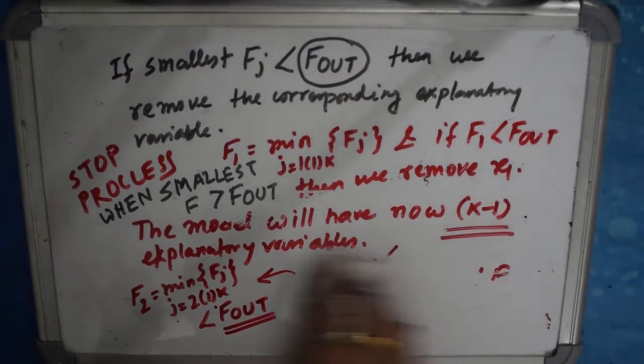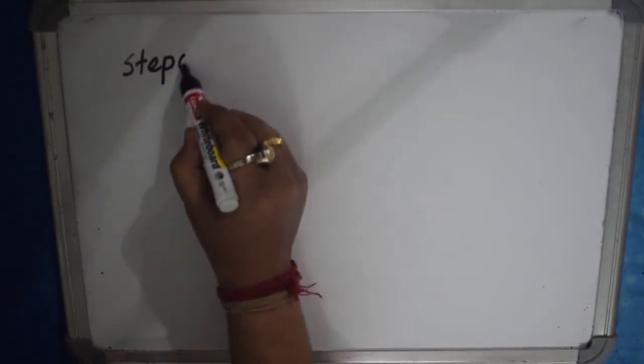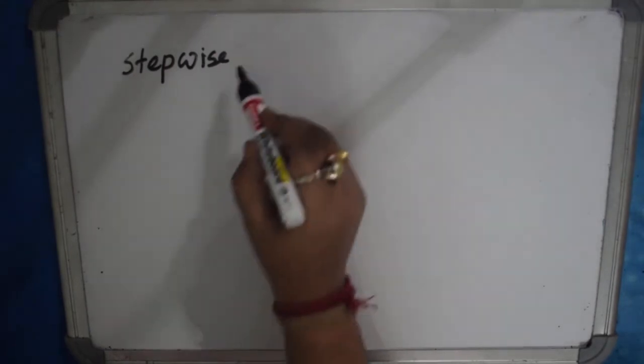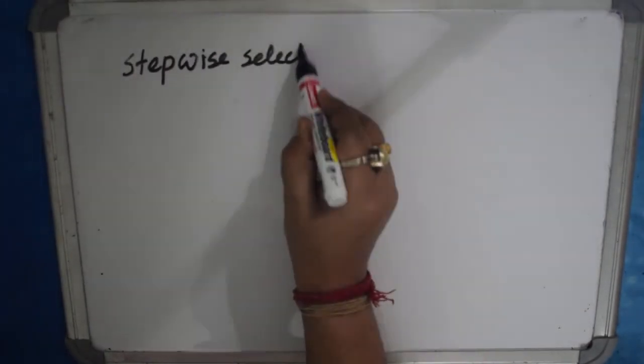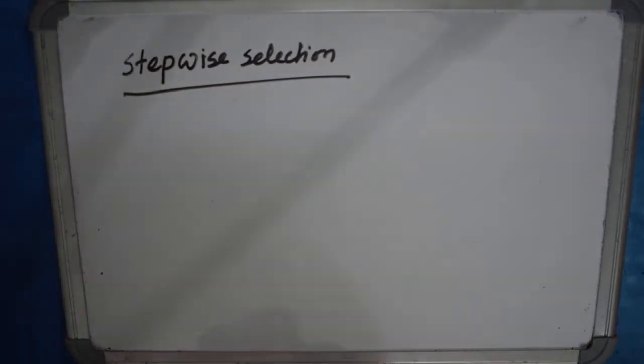Now we discuss the third method, stepwise selection. Using forward and backward methods, we select explanatory variables.